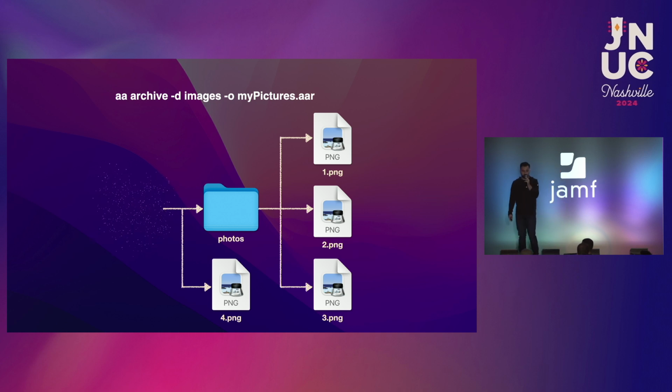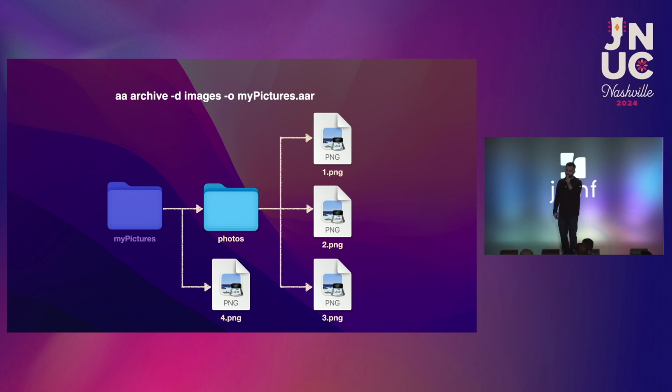In our case, the root directory of our archive contained a folder named photos and a file named 4.png, and when our My Pictures archive was unpacked, Archive Utility created a new folder named My Pictures containing our extracted items. Presumably this feature exists because, imagine you have hundreds of files that you're extracting. It's all going to extract into your downloads directory, which is inconvenient, so Apple creates a folder for you where you can have all your files.